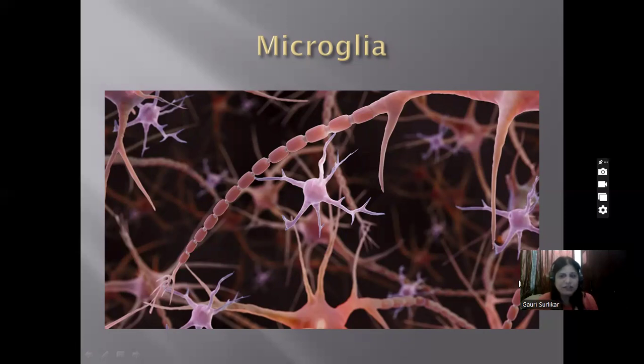They go to the site of injury, wherever there is brain injury, and engulf cell debris, dead neurons and all. So they are like macrophages. Macrophages are phagocytic in function, but these are brain macrophages which are called microglia.